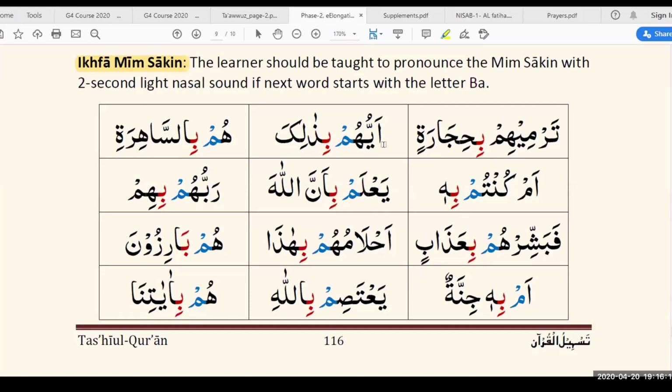Can you read this? Ayyuhum bidhalika. Excellent. Last one. Bisahira. Okay, good. I think the other ones you didn't. Yeah, I think I was wrong here.